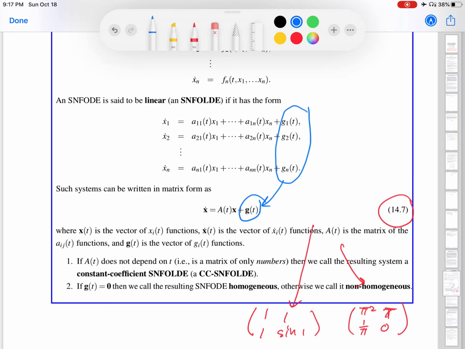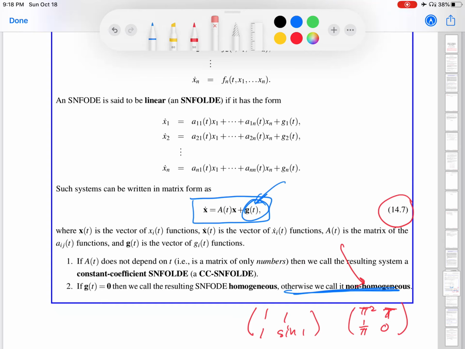So, if we're thinking of what we've done in the course before, and we look at this definition, this matrix compact form in that light, this looks kind of like a non-homogeneous term. Indeed, if g of t is non-zero, we call the system non-homogeneous. If g of t is 0, then we call the system homogeneous.